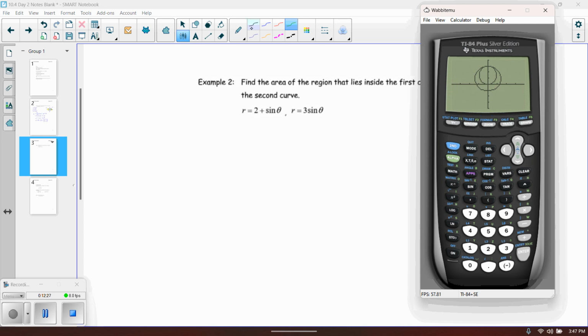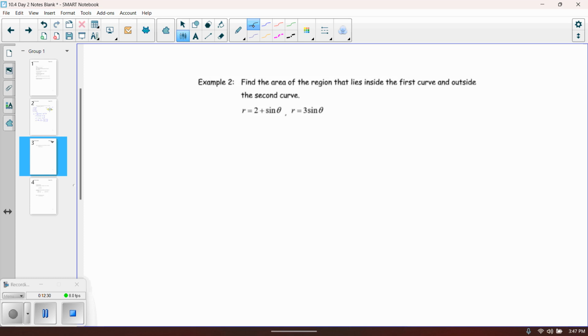So we are going to do an integral. We are going to double it because we're going to use symmetry, from negative pi over 2 to pi over 2. And as a matter of fact, we should double check that just to make sure that that's where the intersection point is. It should be at pi over 2 on the top, but we want to double check that.